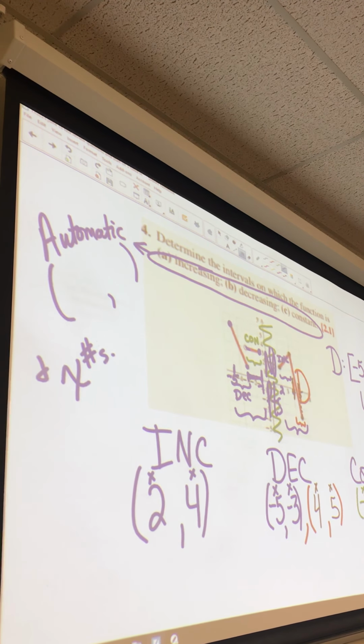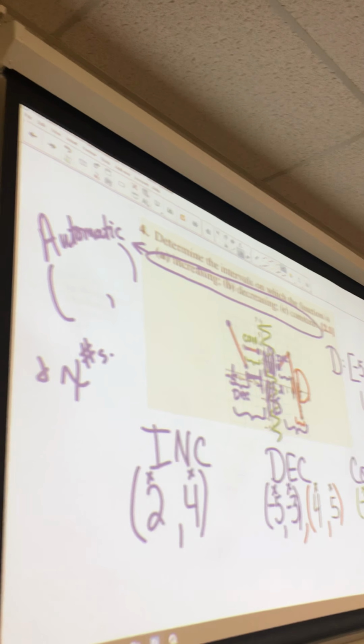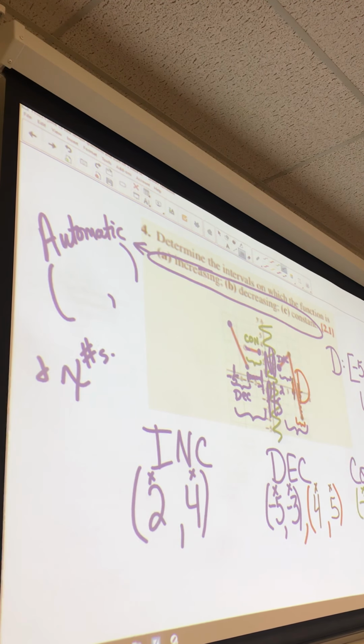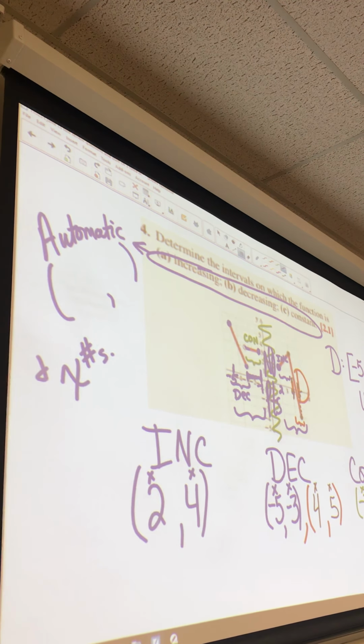Then its union, it jumps over where there's not any, and now it starts right here, an X of 2 with a solid dot, so a bracket, and goes to where? The 5, the X number. The X number of this last point.